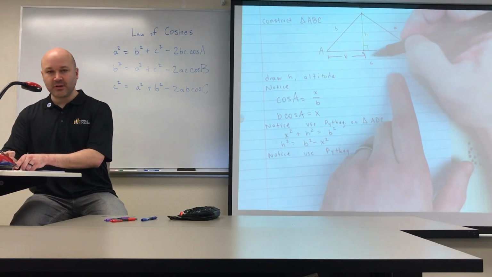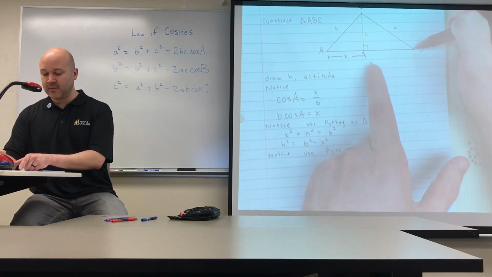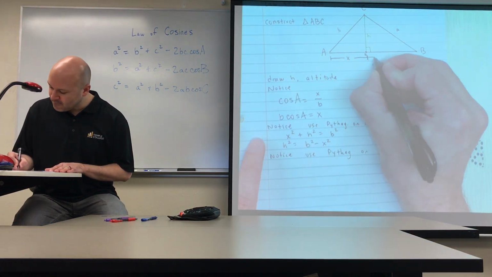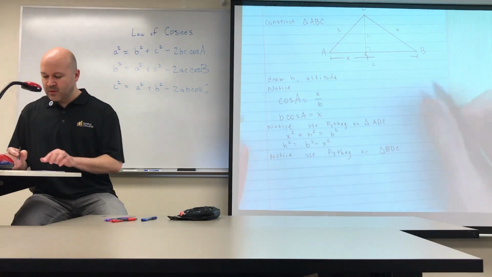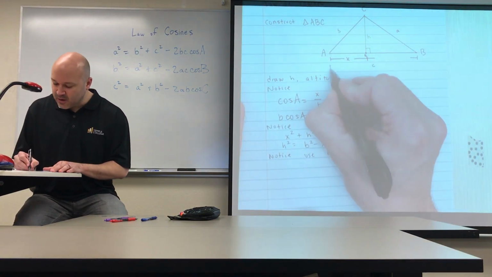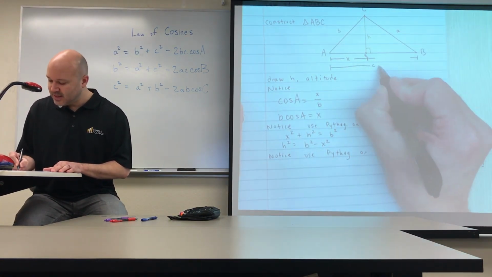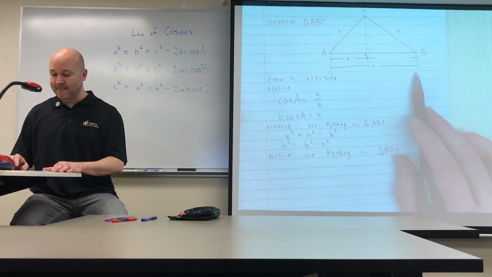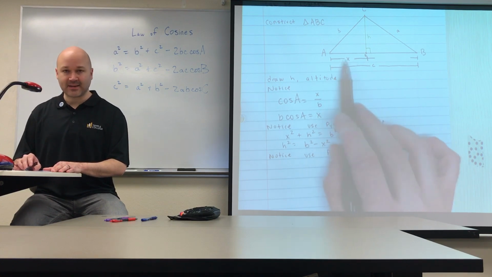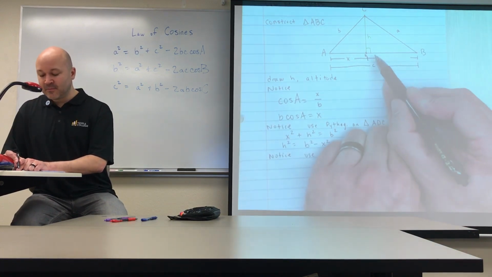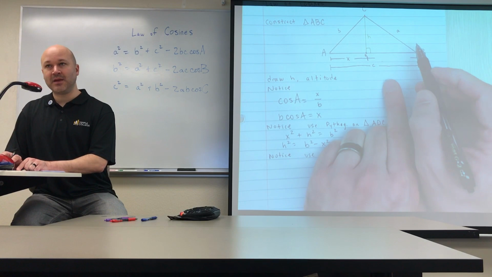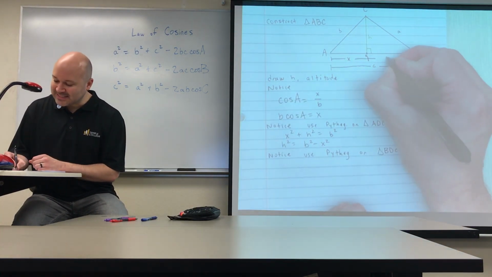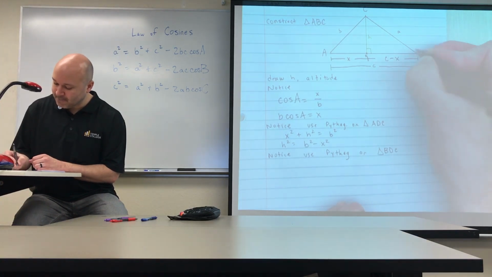I'm going to try to relate the distance from D to B using only the variables I have. So if the entire base measures c, and this little bit measures x, then from D to B, that would be the total minus that bit. So I'm going to call that c minus x.